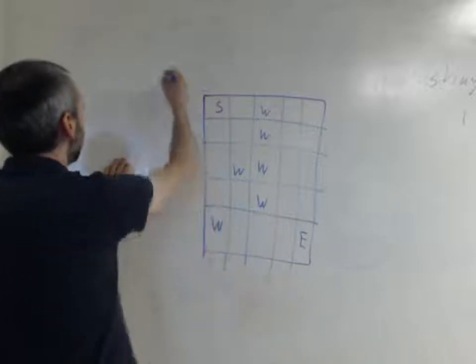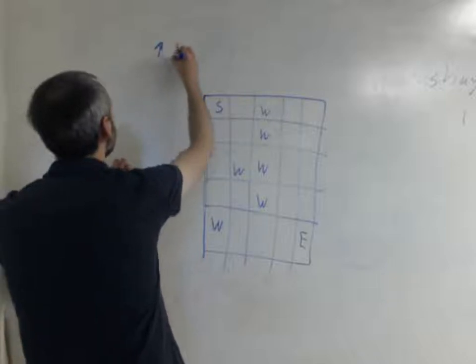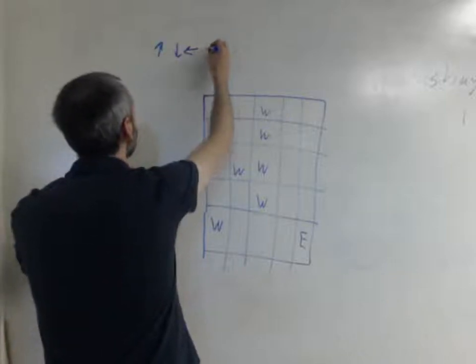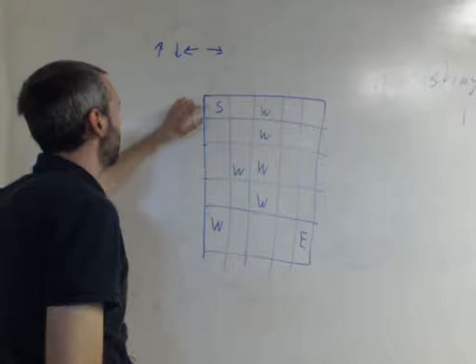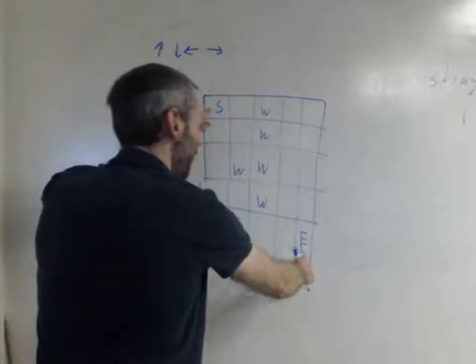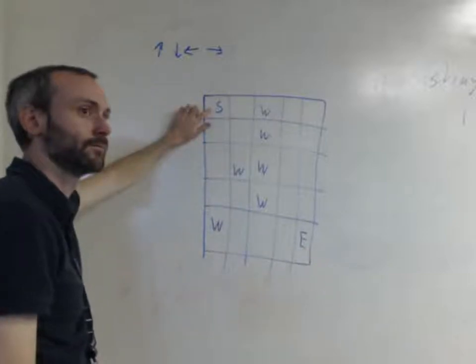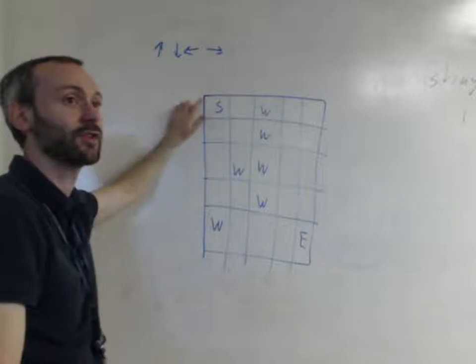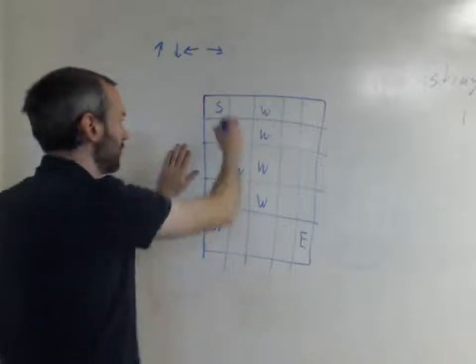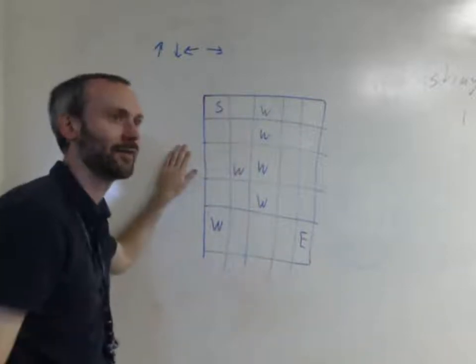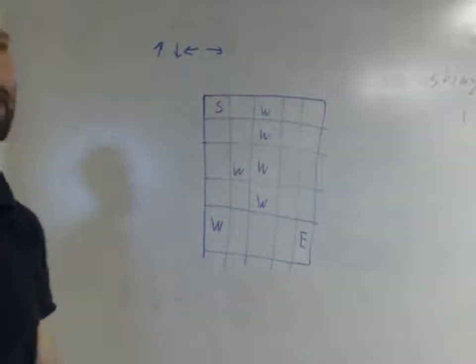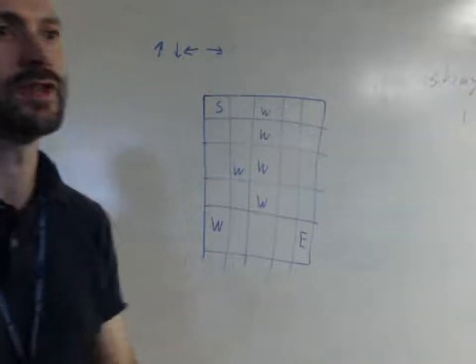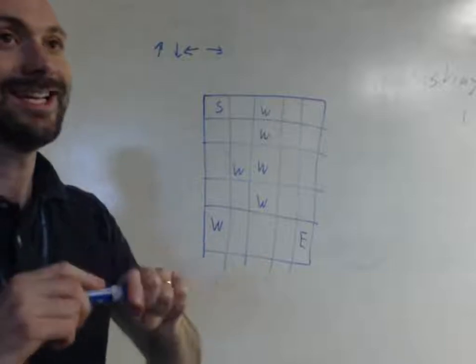And the question is, if you're only allowed to go up, down, left, and right, if you start here, can you make it there? So, that's the question. Obviously in here, we can see that there is a path to go there. But the question is, how do we write a program to determine this?